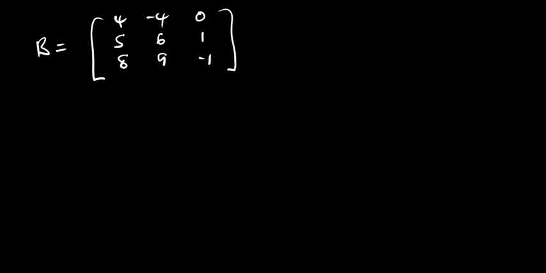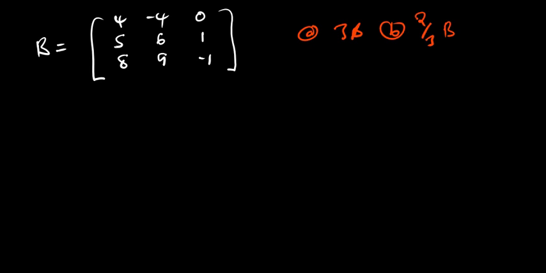Let's say we want to find 3B and also 2 over 3 B. So this is the first one and that's the second one. You can pause the video, try to solve it, and then compare with the answer I'm going to find.